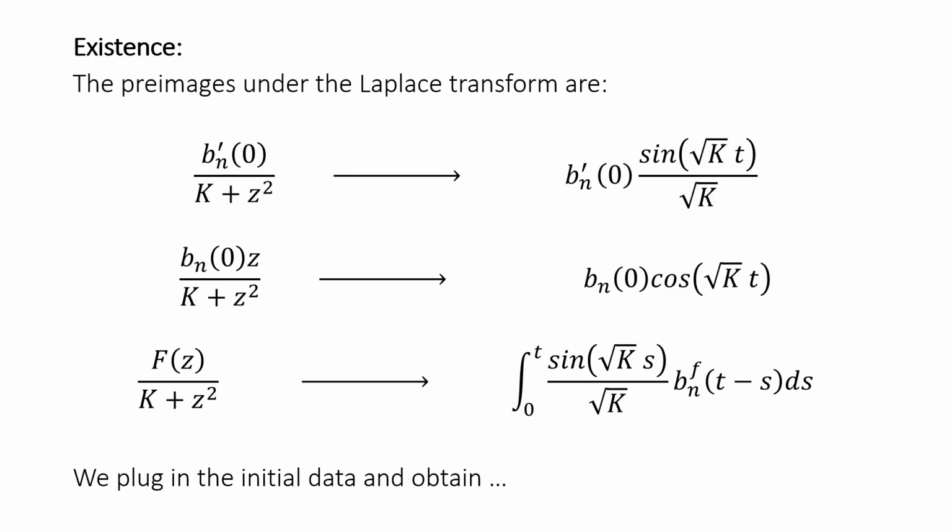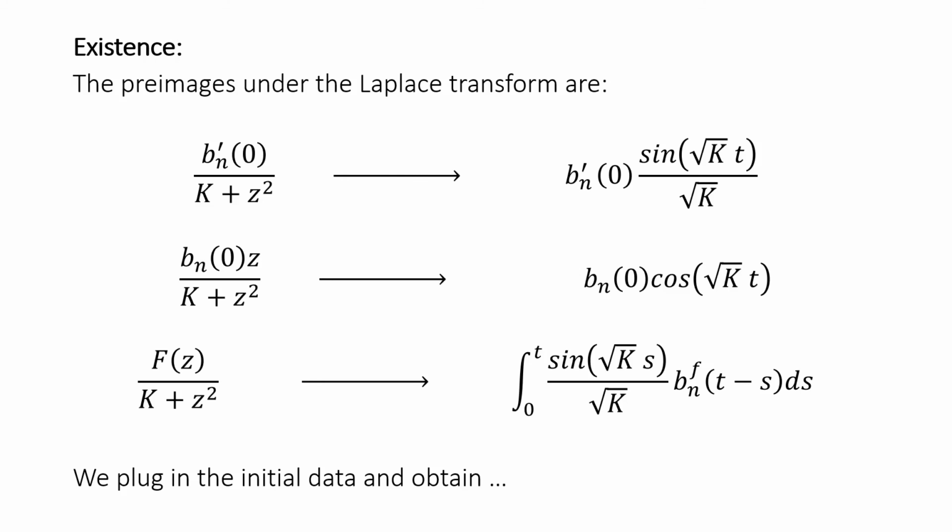That term, of course, is a bit more complicated, but we see it is a product of two Laplace transforms. It is a product of 1 over K plus z² times F(z). For each of those two factors, we already know the inverse Laplace transform.